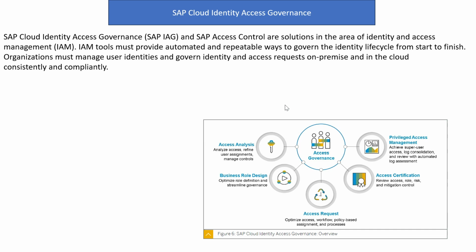And then we have privileged access management. By the term privilege, you can understand privileged access management is nothing but EAM, Emergency Access Management in SAP GRC Access Control. Now we call it privileged access management.